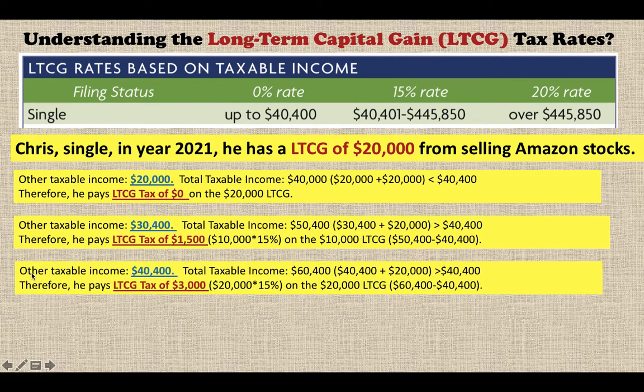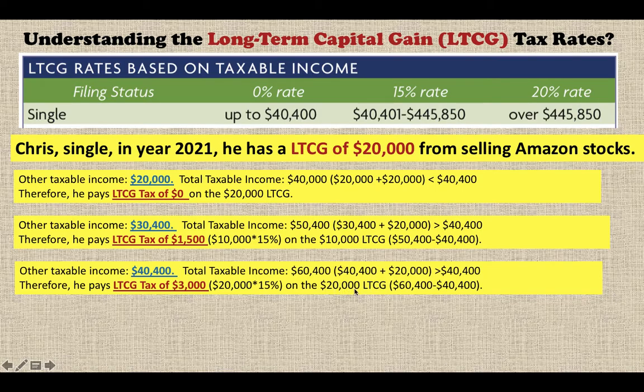How about if Chris's other taxable income is 40,400? You can see it's exactly equal to this number. So the total taxable income gives an excess amount of $20,000, which is exactly equal to the long-term capital gain amount.